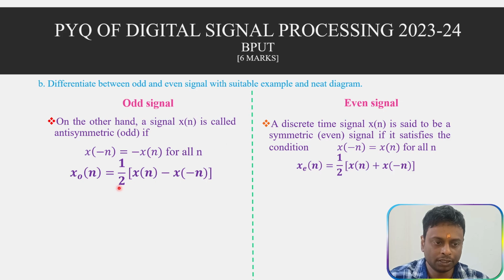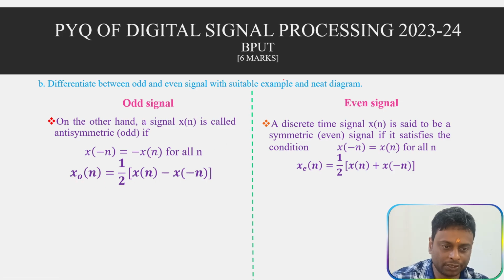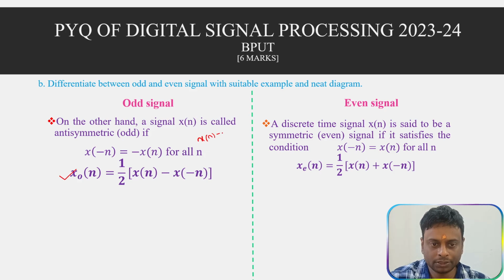If the signal is comprised of two parts, an even part and an odd part, then x of n is actually made of x odd of n, the odd part, and x even of n, the even part. The odd part can be expressed in terms of x of n as half of x of n minus x of minus n.